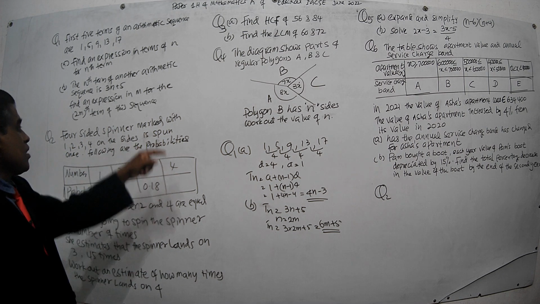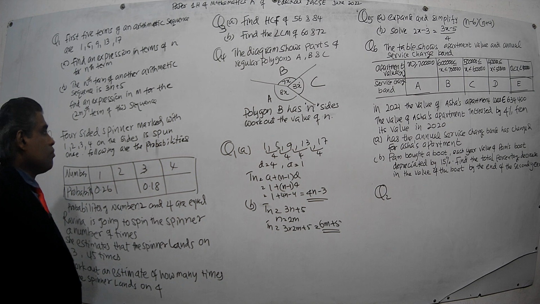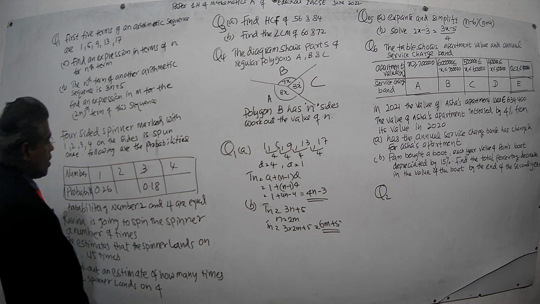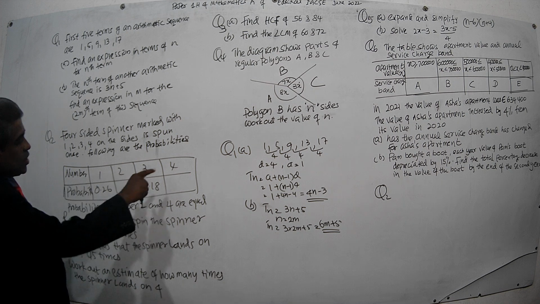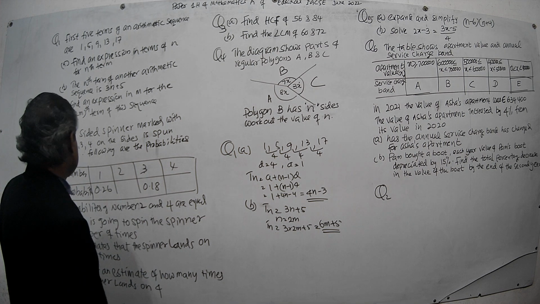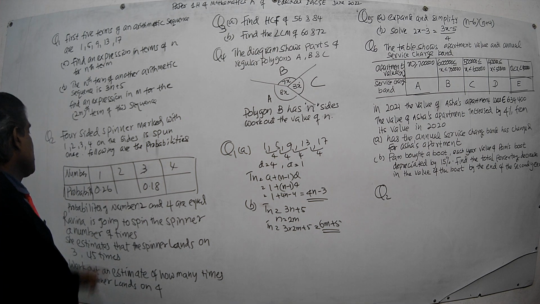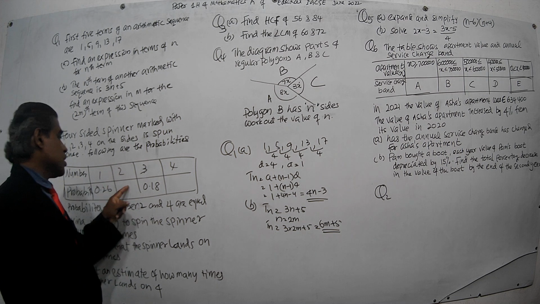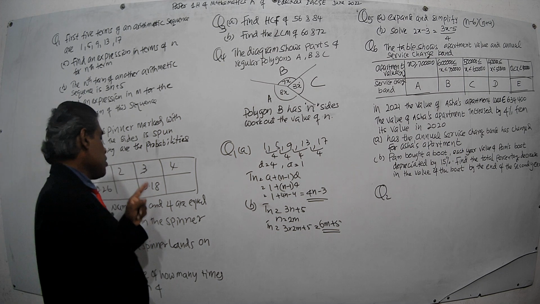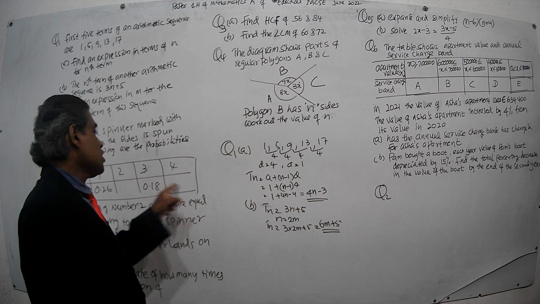The following are the probabilities when the spinner is spun. What is the probability of getting 1? 0.26. Probability of getting 2, not given. Probability of getting 3, 0.18. Probability of getting 4, not given.